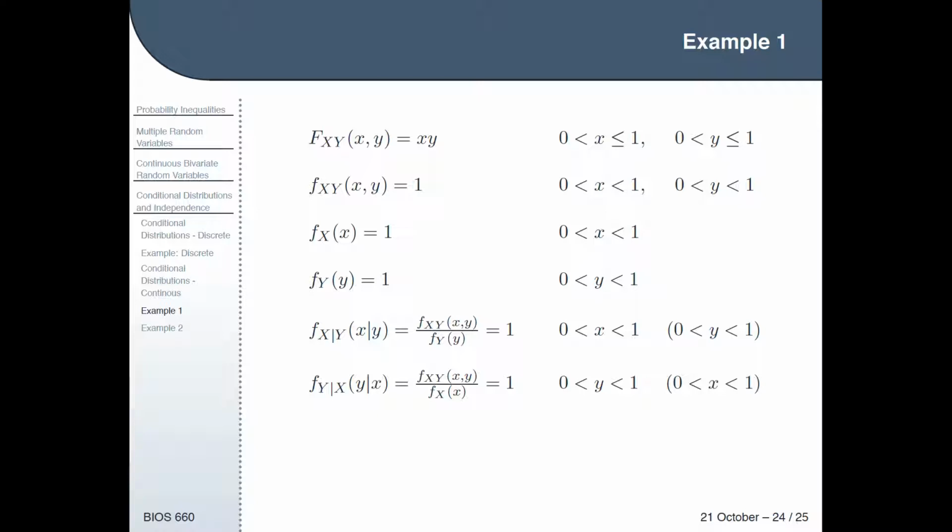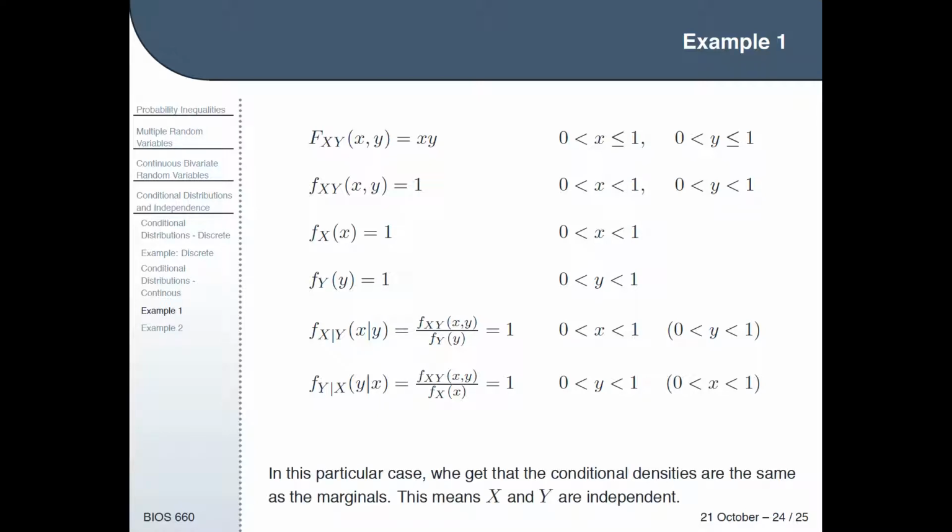Not very exciting. But again, it agrees with our intuition that since it's equally likely to be any point in that unit square, if we know where y is, that doesn't tell us anything about where x is, because it's still equally likely to be anywhere in the interval 0 to 1.